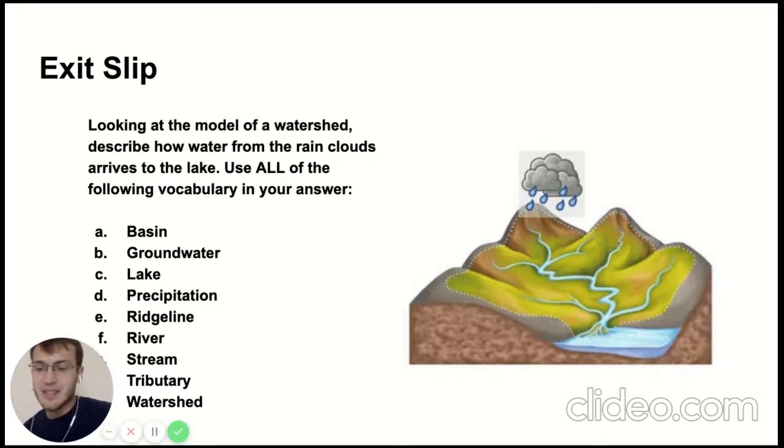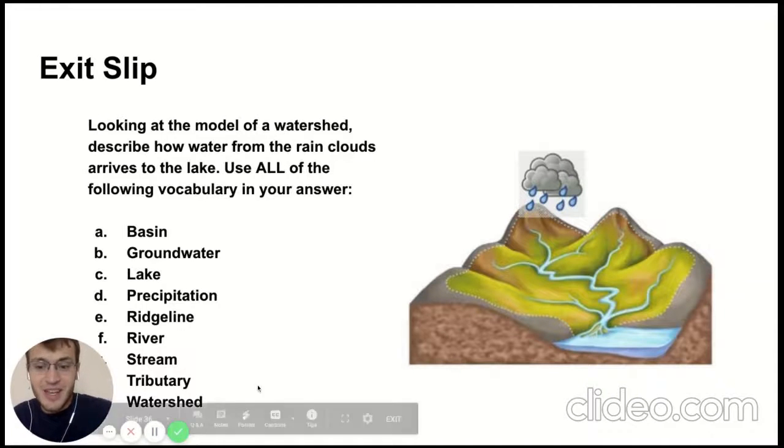The way that you might start your answer is something like, first, precipitation falls from the clouds. And if it falls on one side of the ridgeline, it will form streams, which are tributaries for rivers, and so on. Make sure you're using all of the words and try to have a narration. So try to tell me the whole process.